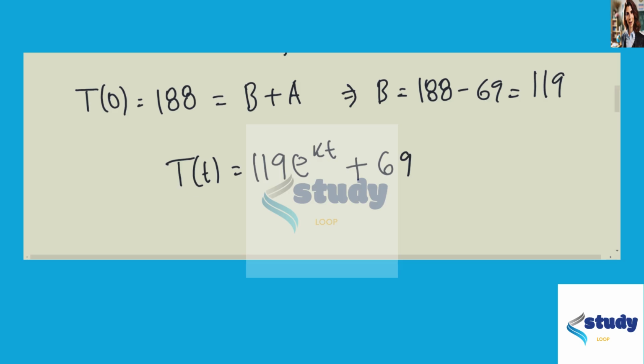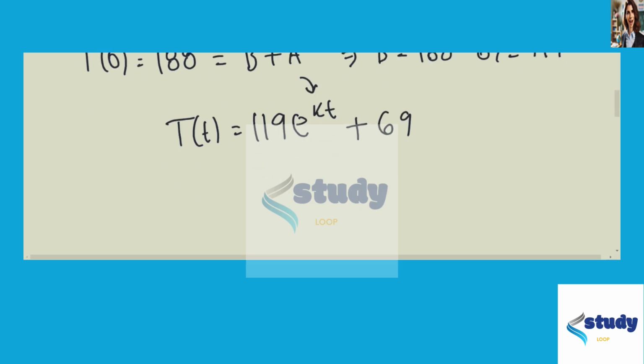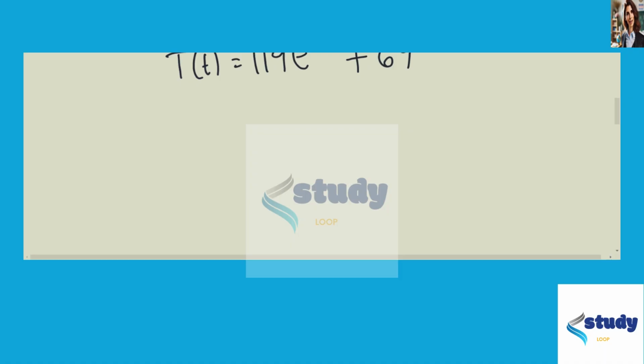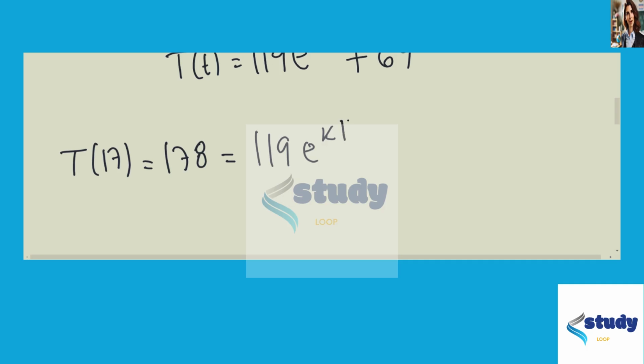So we have that for now. What we need to determine now is the constant k. To do that, we use the other condition that at 17 minutes, we have a temperature for the cup of coffee of 178. So in this case, we have that this is 119 times the exponential of k, and here we substitute the time, which is 17, plus 69. Now, solving for k is quite easy.